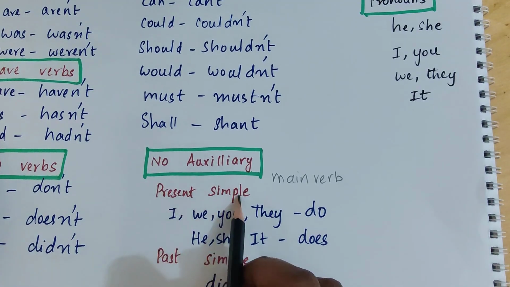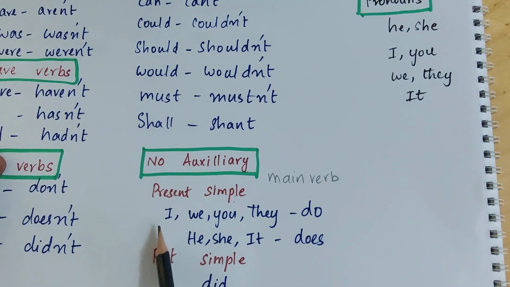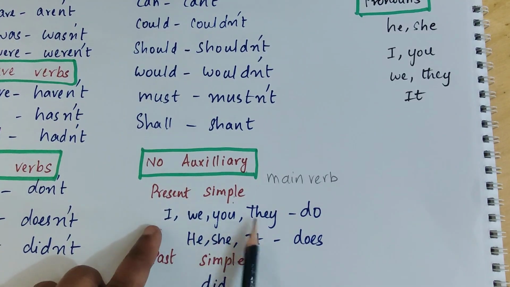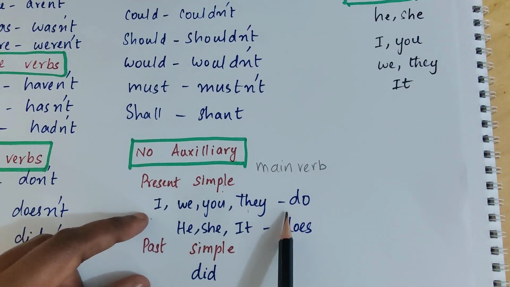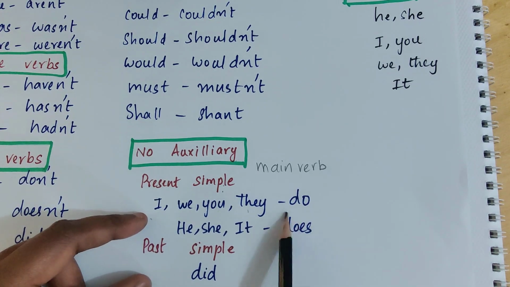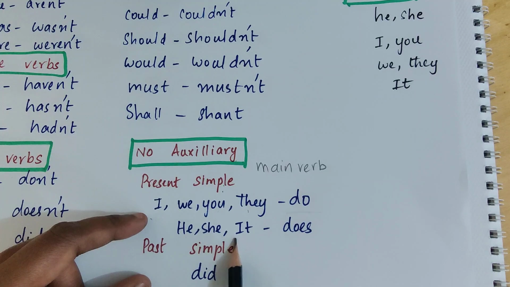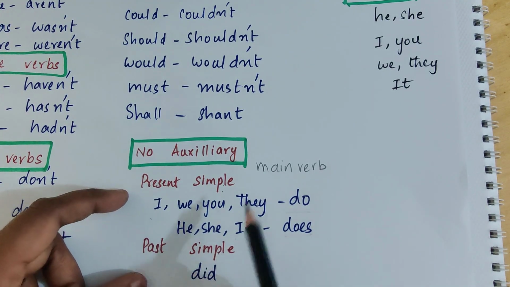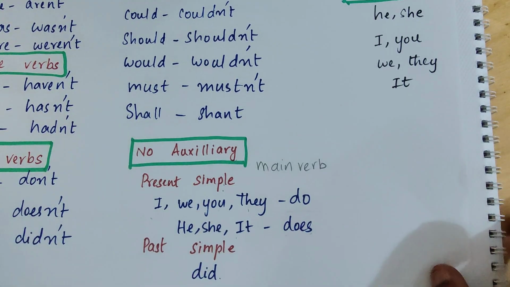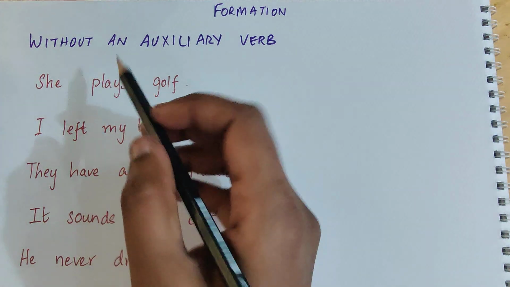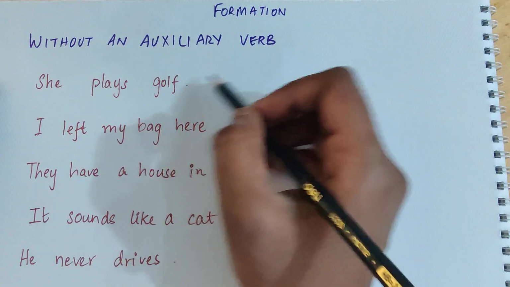If it is present simple and the pronoun is I, we, you, they, we have to use do in the tag. If it is he, she, it, we have to use does. If it is past simple, just use did.